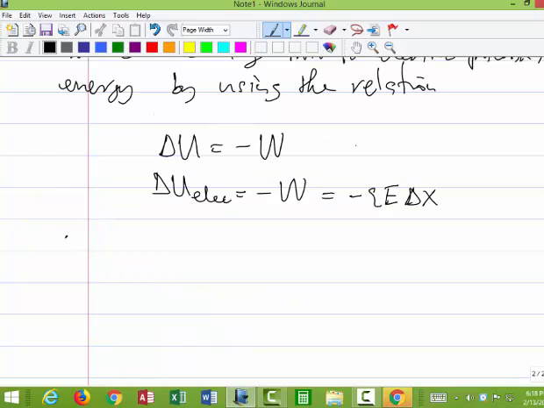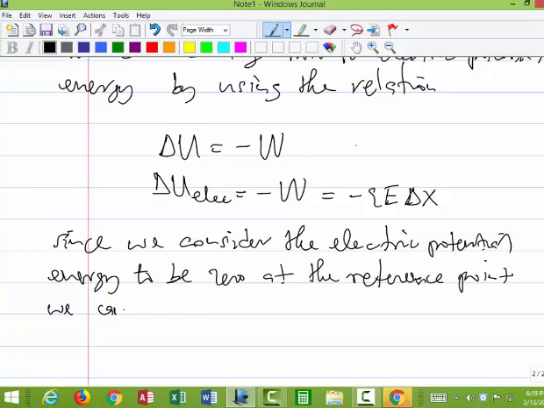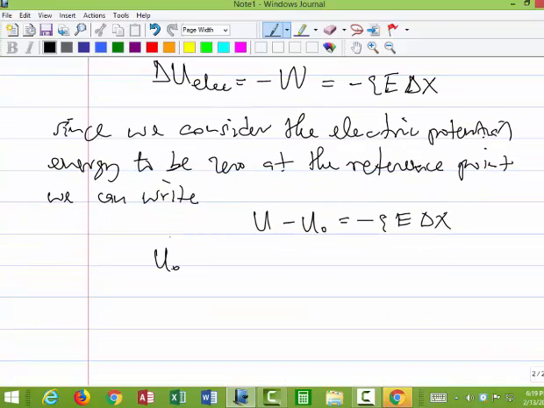And then we shall say that since we consider the electric potential energy, or any kind of potential energy, to be zero at the reference point, we can write U minus U naught is equal to minus QE delta X, where U naught is equal to 0 at the reference point. This is just like what we did for the gravitational potential energy.